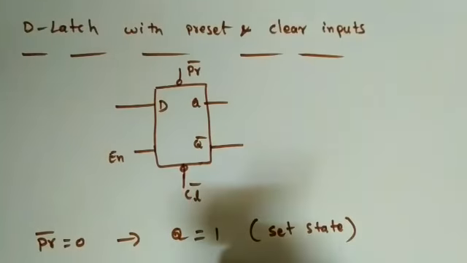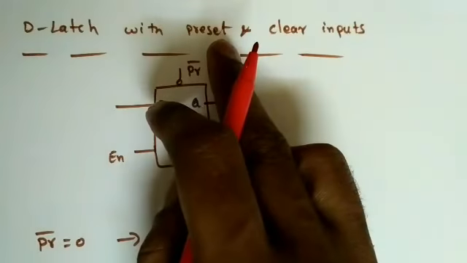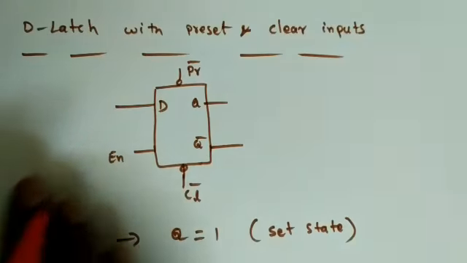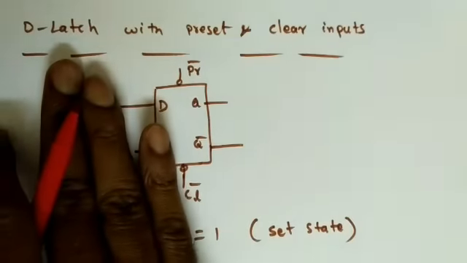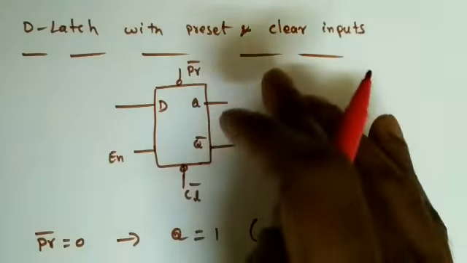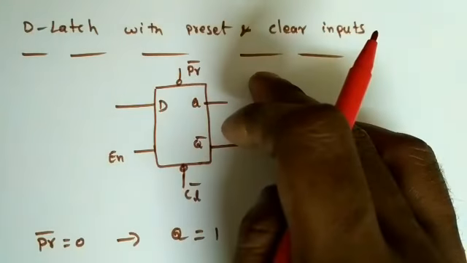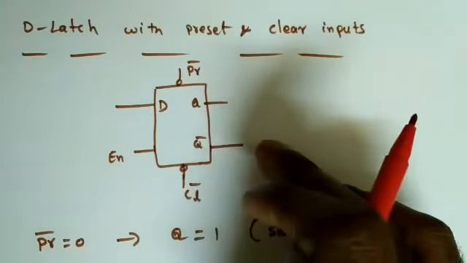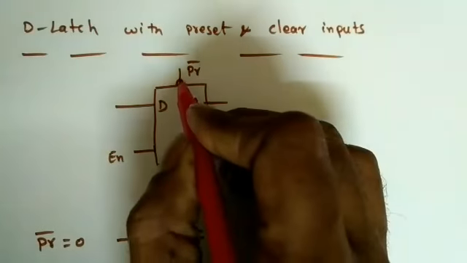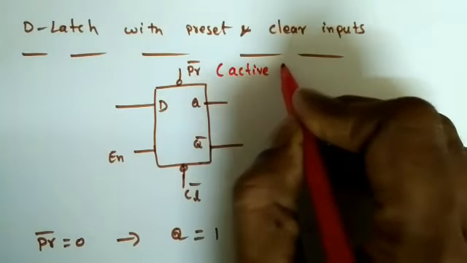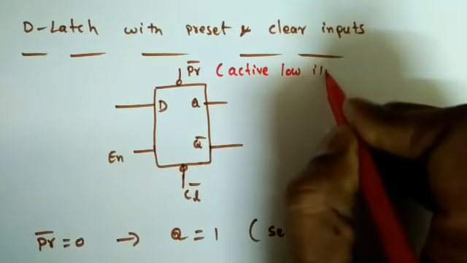So what are preset and clear? Presetting means we can set the output as Q equal to 1 even without giving some inputs and the enable pin also, right? Or we can clear the outputs also. So when clear is equal to 0, the Q will become 0 directly and the Q bar will become 1. That is why these bubbles indicate it is an active low input.